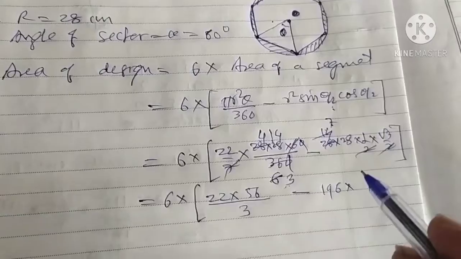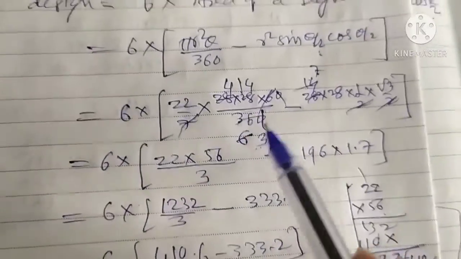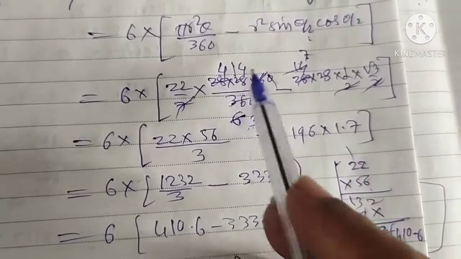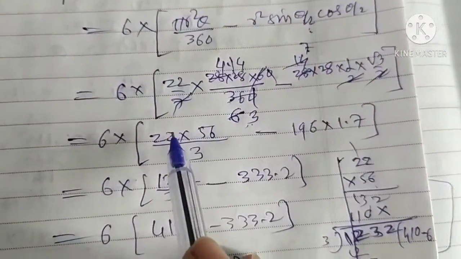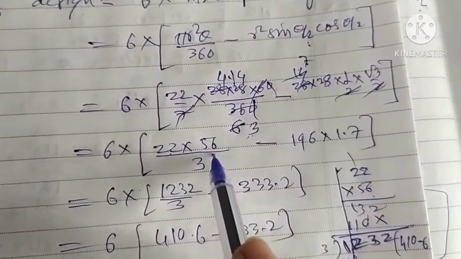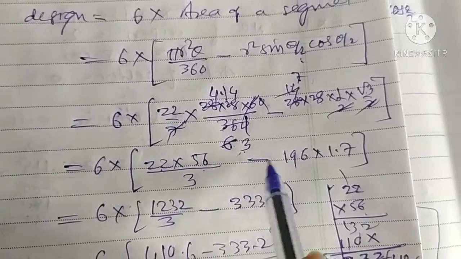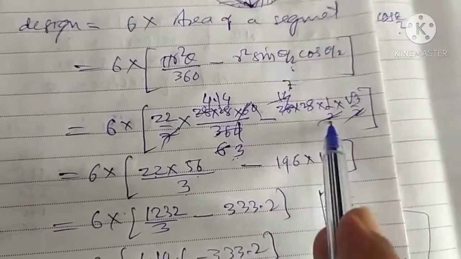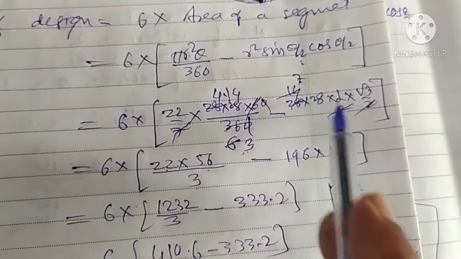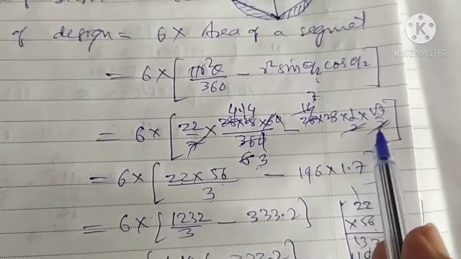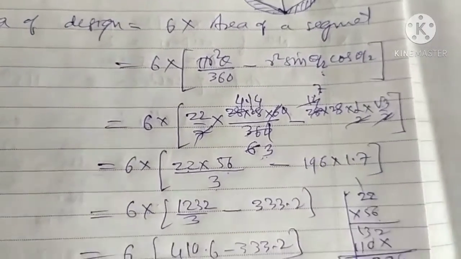Root 3 value is given 1.7. Yes, after cancellation properly, see children, look here. You are getting 22 multiplied by 56 upon 3. Okay. Minus. Again by cancellation of 2, you got this, that is 196 multiplied by value of root 3 given to you, 1.7.